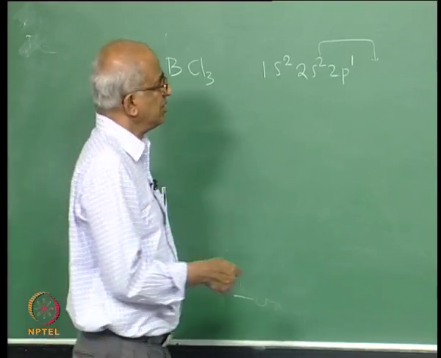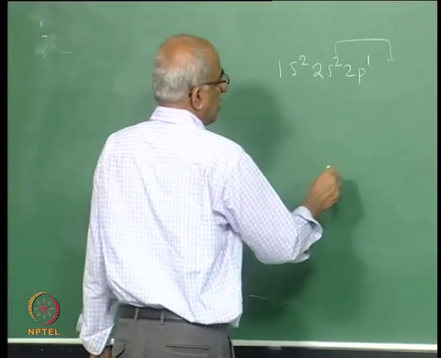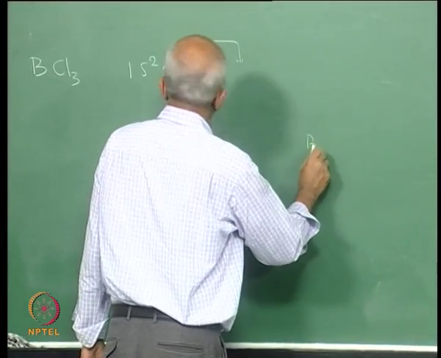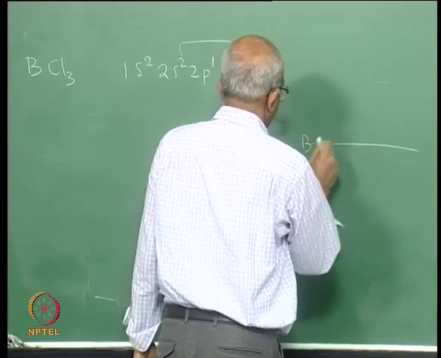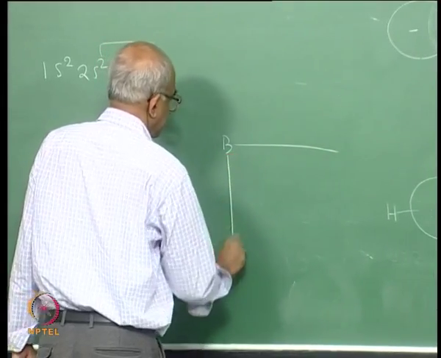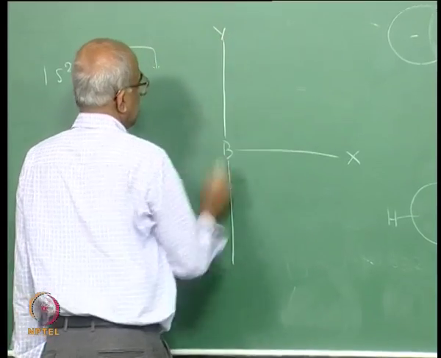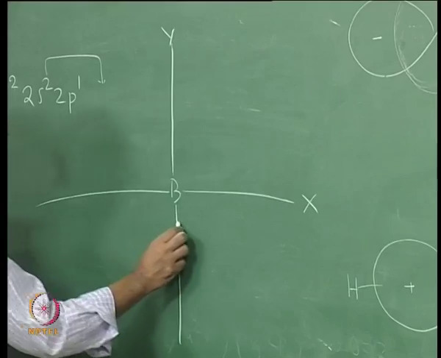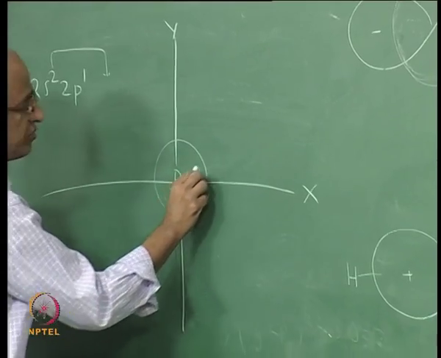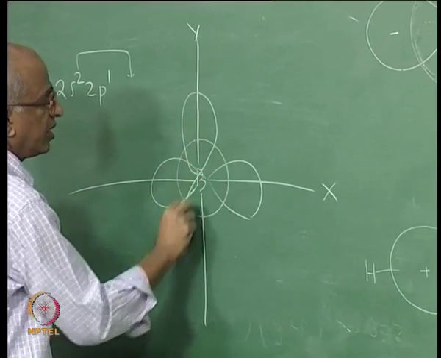Okay. So, let us try to do that. I will say that I have my boron here at the center of my coordinate system. This is my x axis, and that I will say is my y axis. Okay. So, I would have the 2s orbital, I would also have 2px, and I would have 2py.